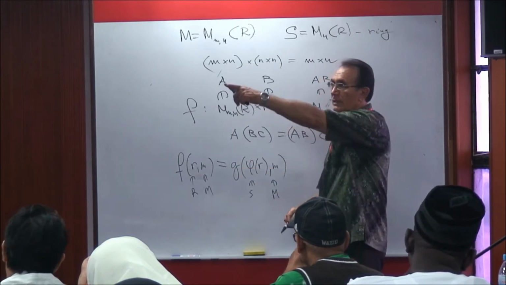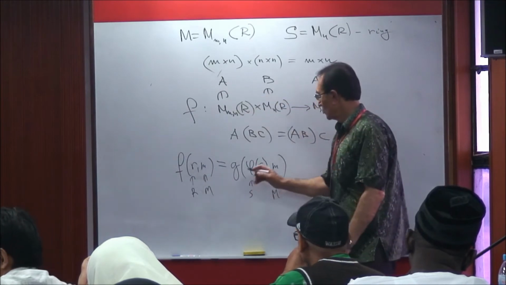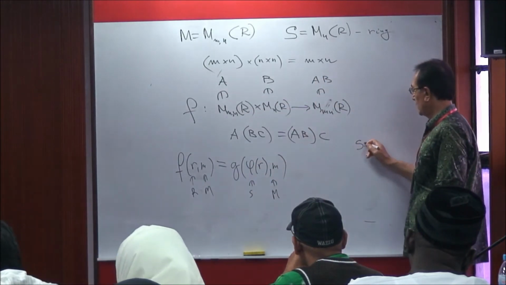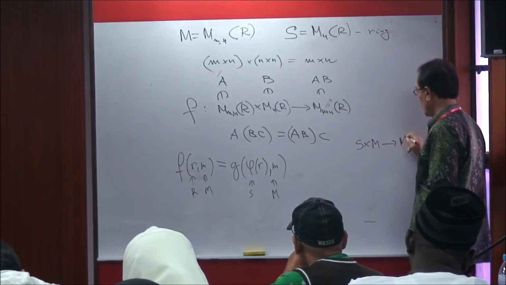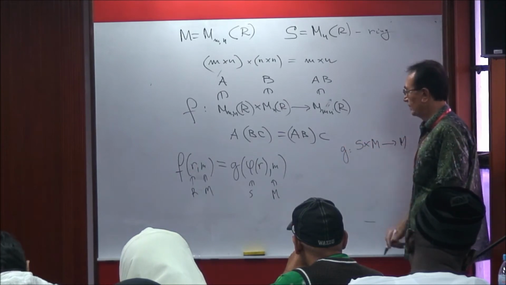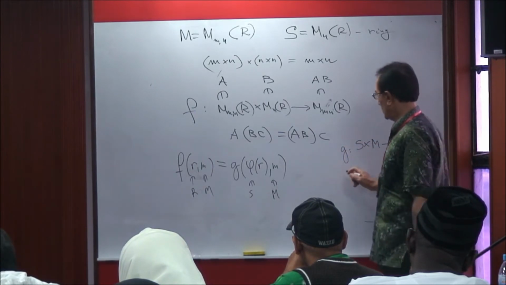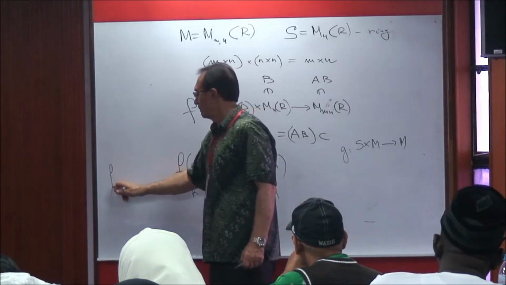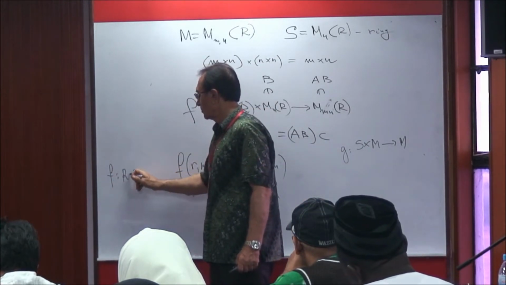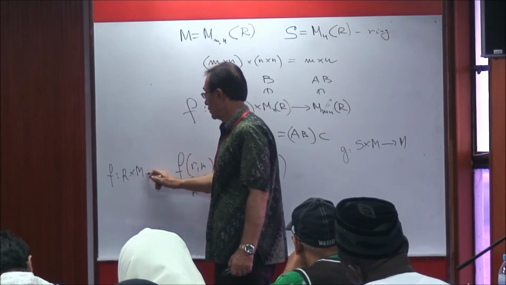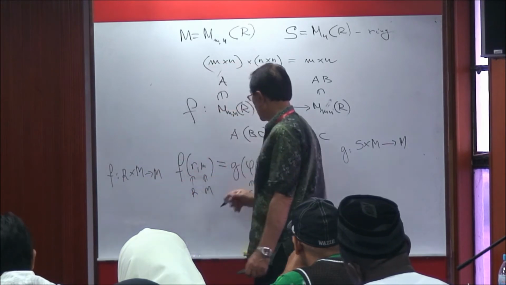G is the action S cross M to M given by G. Then you define F from R cross M to M. You will define it here.